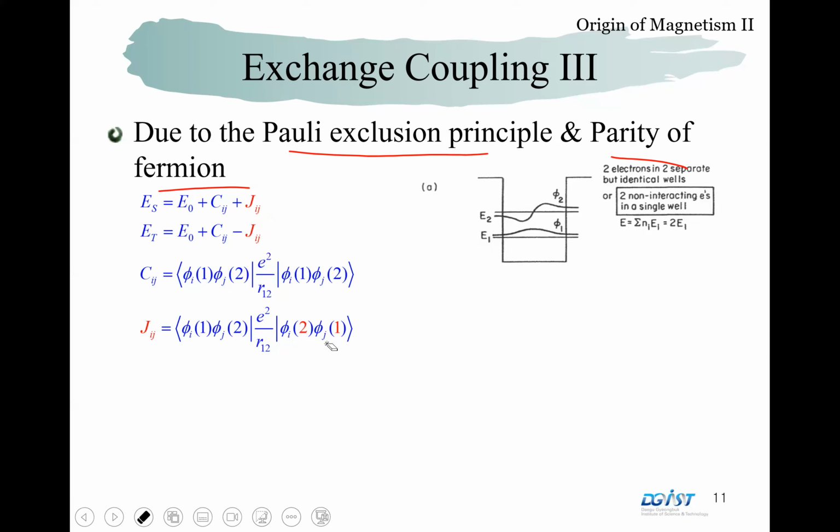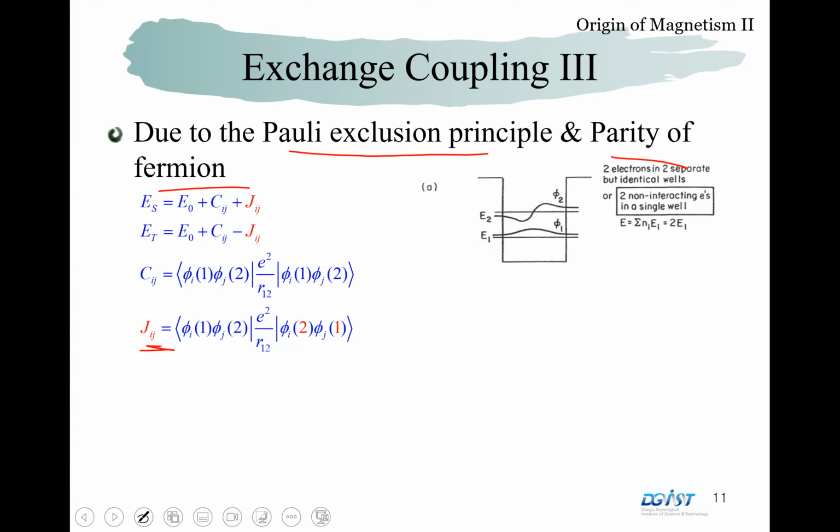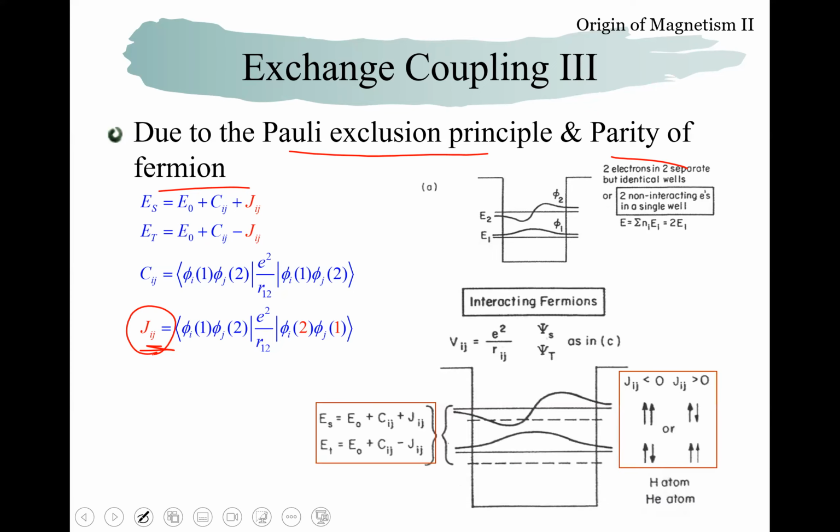So we need an extra energy term called J, which corresponds to the Coulomb term, but with the indices exchanged. This term has a certain non-zero value, and there is some plus or minus contribution.